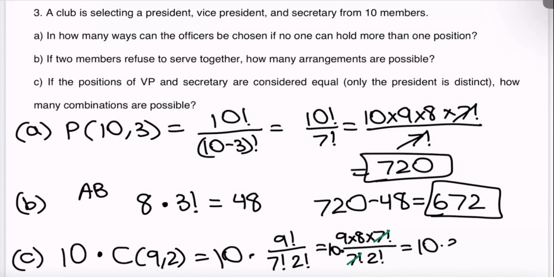So that's 10 times 36, which is 360. Therefore, if the positions VP and secretary are considered equal and only president is distinct, there's now 360 combinations, or I guess sort of permutations, sort of combinations, that are possible here.